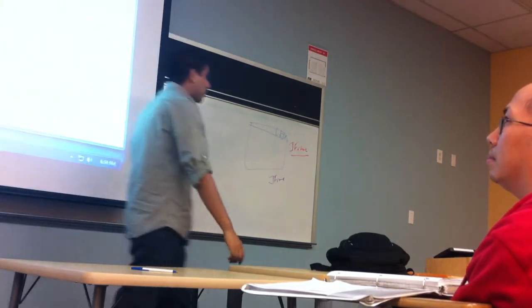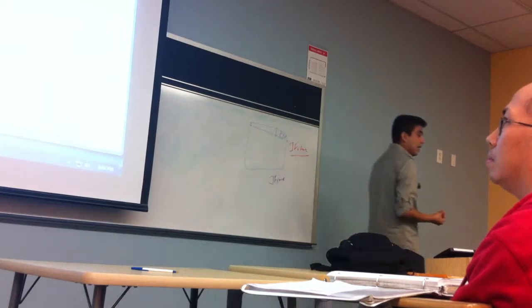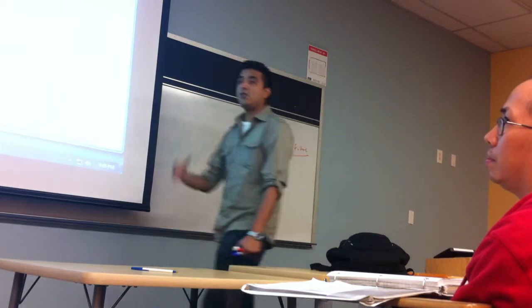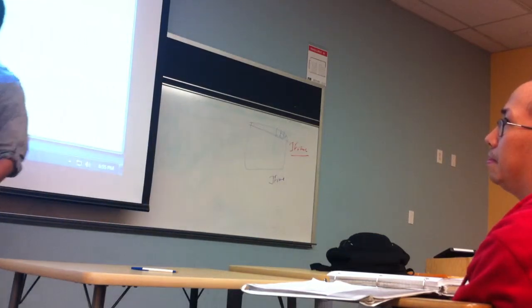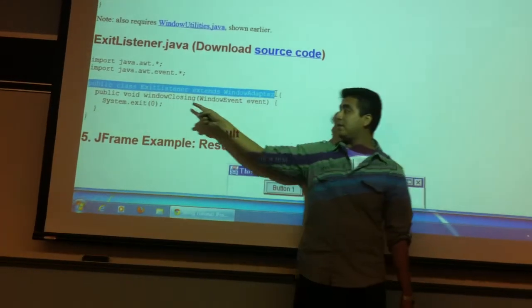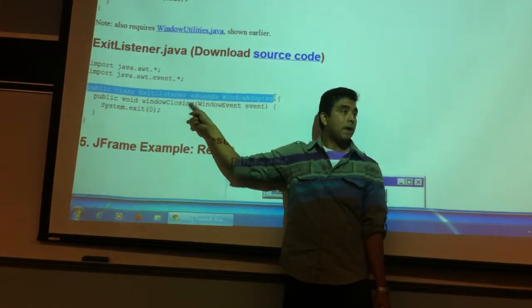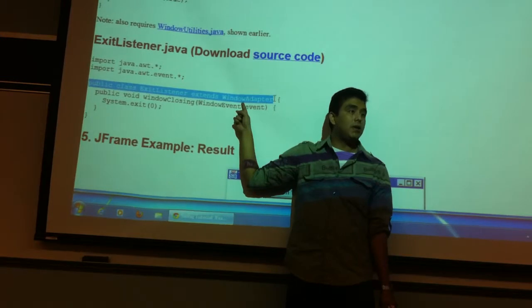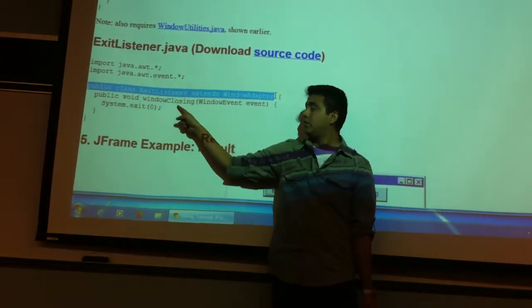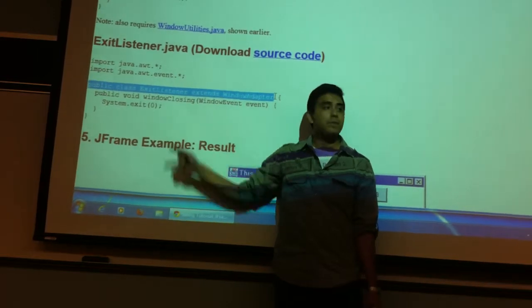Now, what Java asks you is, if you're going to extend window adapter, it is because you want to create your own class to manage the methods from this window adapter. One of the methods from this window adapter is the method window closing. By default, the window adapter window closing does pretty much nothing. But if you put here window closing also and call it the same name, guess what?